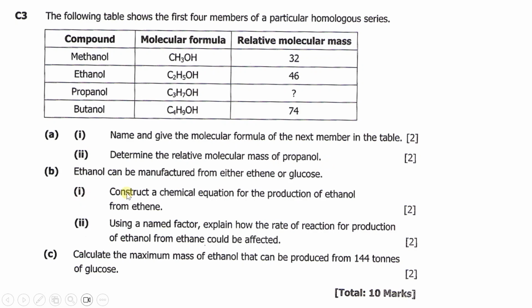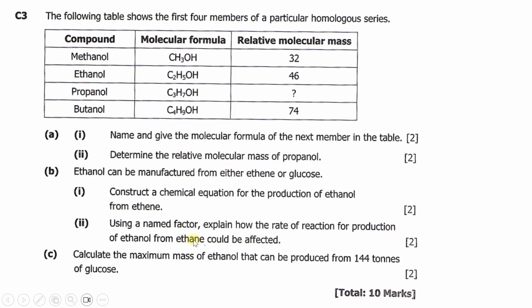Part 1, they're saying construct a chemical equation for the production of ethanol from ethene. So you see, ethene produces ethanol when ethene is reacted with steam. Like we saw that confusion on the other question. Then part 2, using a named factor, explain how the rate of production of ethanol from ethene could be affected.